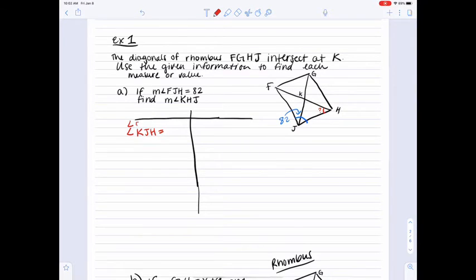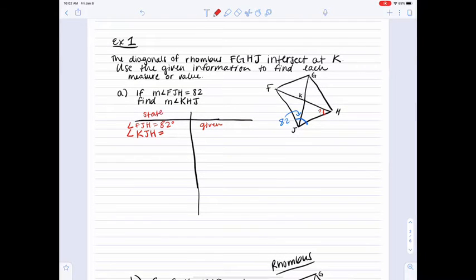Angle FJH is 82 because that's given. Okay, sorry, this is my statement and my reason. And then the next line is KJH, which is that smaller angle, is going to be 41 degrees. So that's right here is 41.